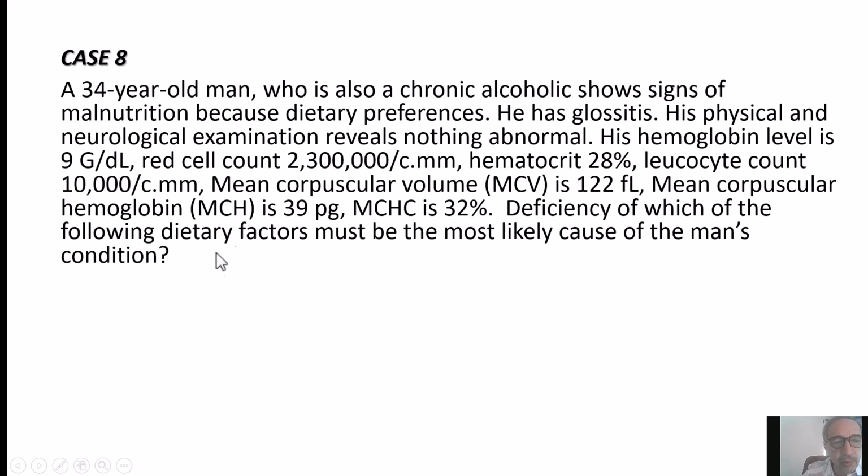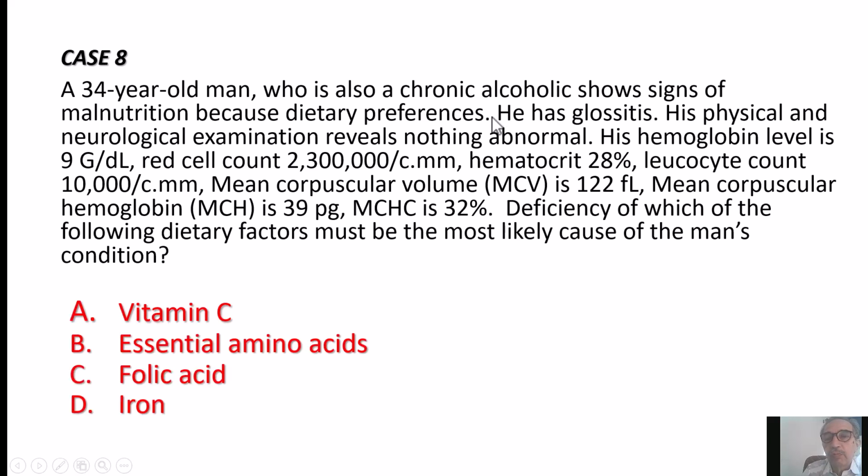Deficiency of which of the following dietary factors must be the most likely cause of the man's condition? Looking at the dietary preferences, you can say folic acid, because dietary B12 deficiency is not known. All humans have a good reserve of B12 unless the B12 is not absorbed by some other means.